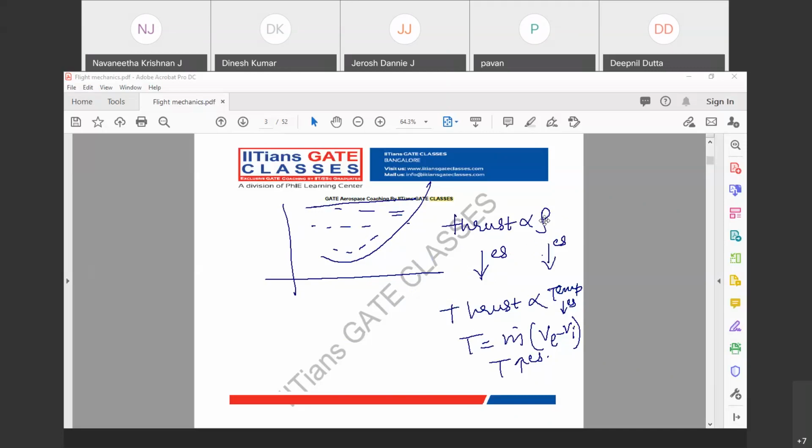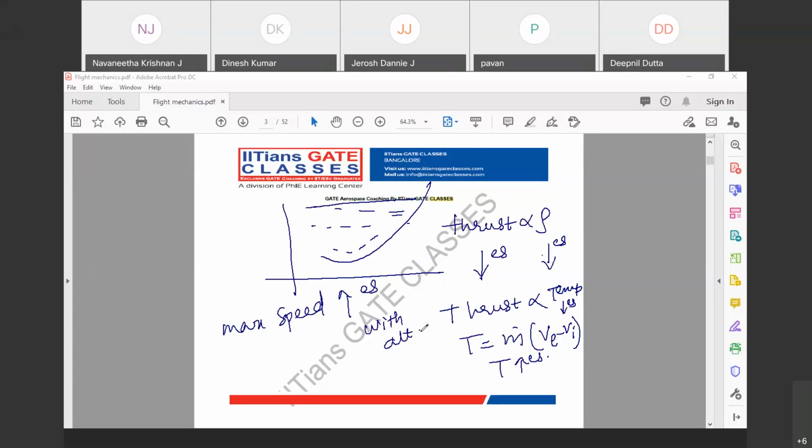So my maximum speed up to the tropopause increases with respect to altitude. Beyond the tropopause, what happens? My thrust falls more rapidly because temperature is constant.